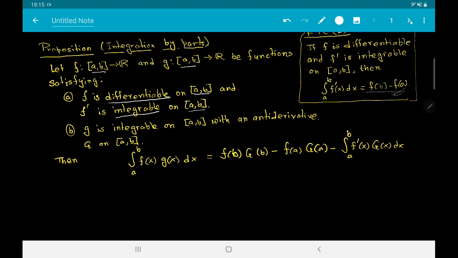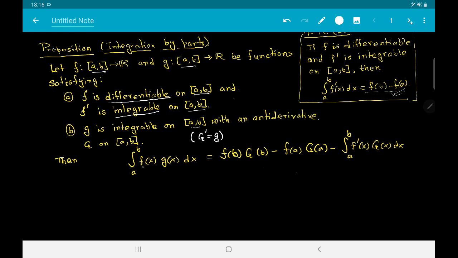We will see how we will use it in the proof. Let's go forward. g is an integrable function on the closed interval ab with an antiderivative big G on ab. That means that there exists a differentiable function big G such that G prime is equal to small g on the interval ab.